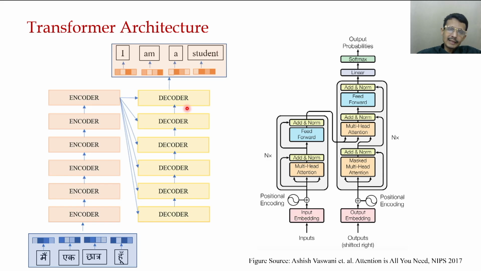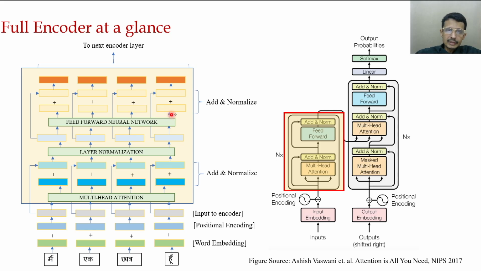Now first we'll start with the encoder. So what are the basic building blocks of the encoder? Before feeding to the encoder, for this sentence in Hindi, word embedding is done first, then the positional encoding comes in, and then it's ready to input to the encoder.